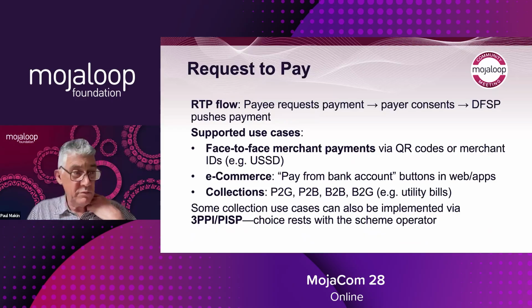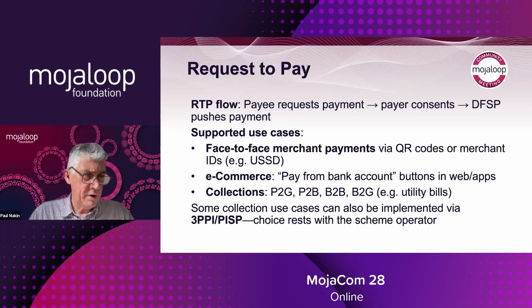Request to pay. The payee requests a payment from a payer, and when the payer consents, they authorize that payment. The DFSP pushes the payment to the payee on their behalf. And this supports face-to-face merchant payments via QR codes or merchant IDs, which is what you use for USSD. And I'll come back to merchant payments a little more soon.